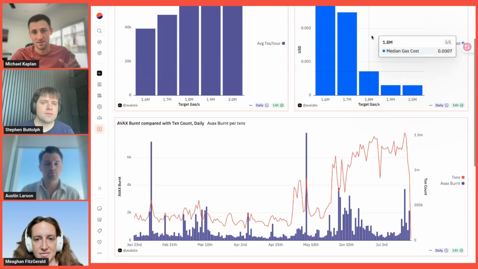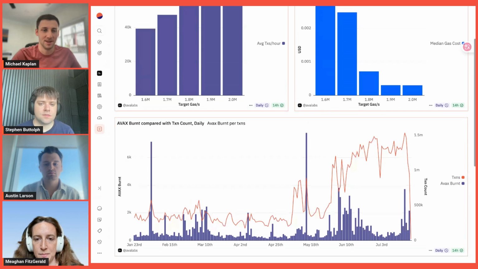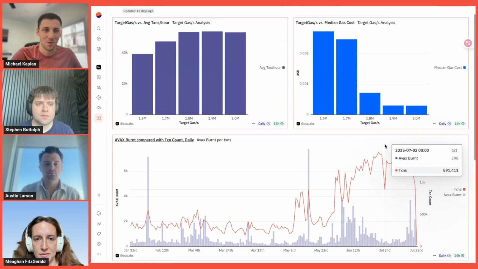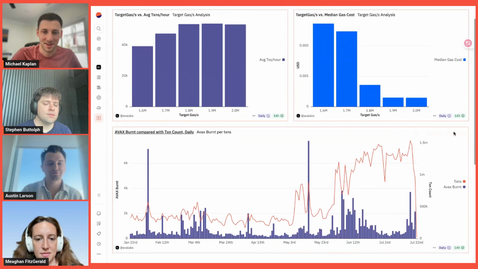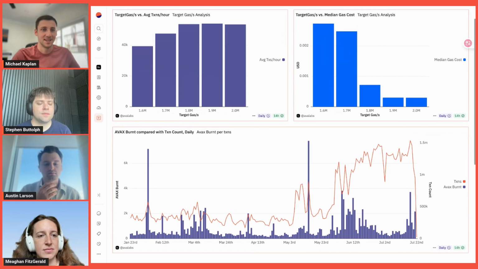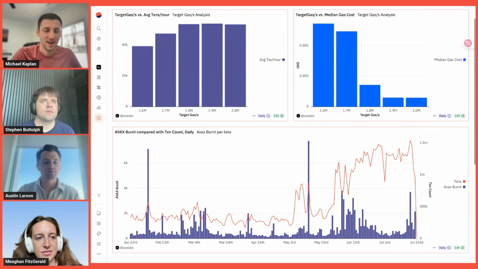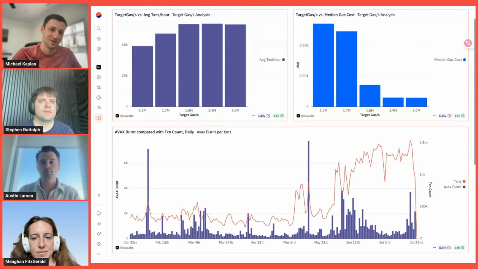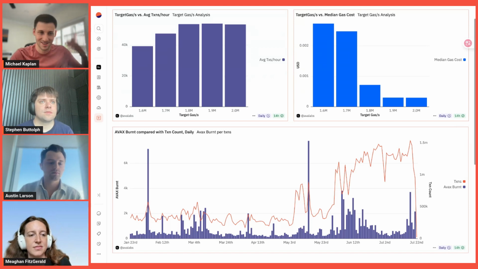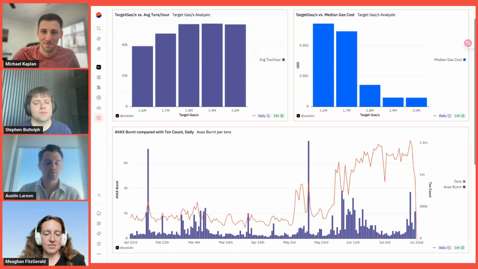But the Vox burned cumulatively has so many factors that play into it that it's great to see that it's increased, and hopefully we can continue driving further adoption of the chain such that as these transaction fees get lower and lower and more users come, we see a flywheel effect there.